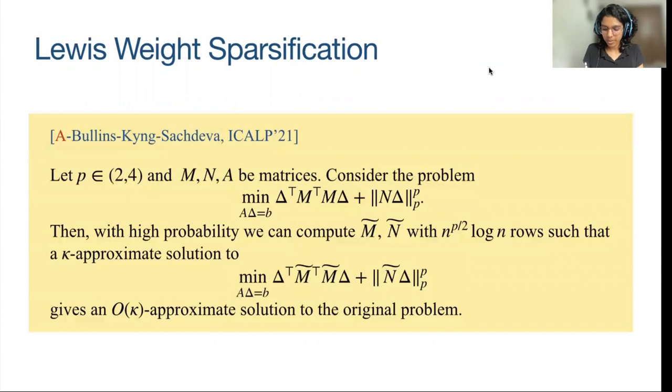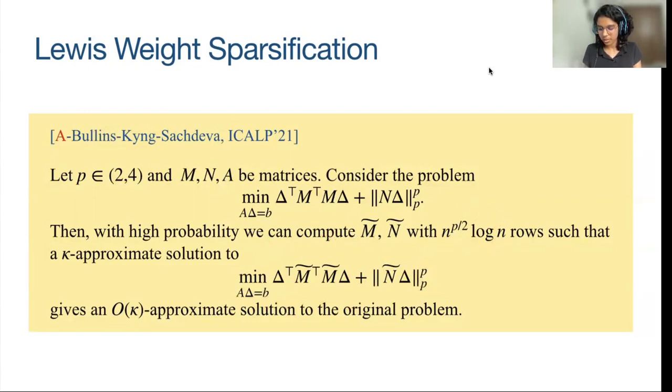So finally, for p between 2 and 4, for any matrices, we can start with a smooth p-norm problem, and use the sampling method to compute smaller matrices and get another smooth p-norm problem with these many rows.